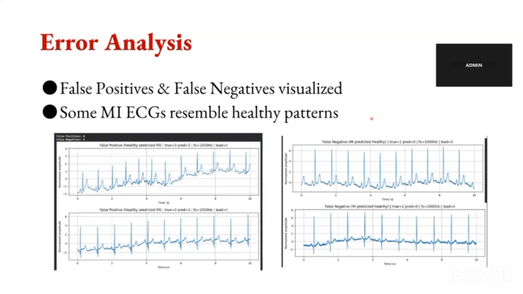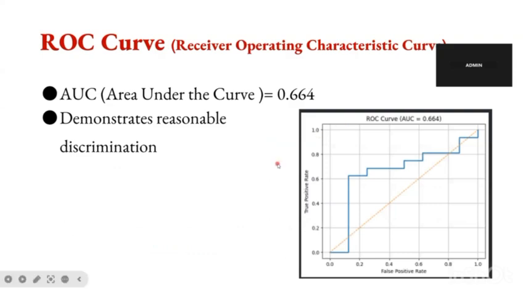And in this slide, the ROC curve, receiver operating characteristics curve, shows that the area under the curve is 0.66, and this suggests good separation between the normal and the myocardial infarction classes. Even if not perfect, this model classified correctly better than random classification.